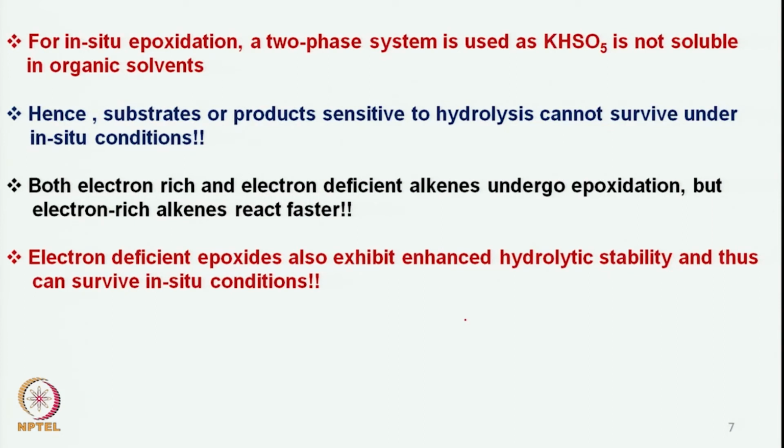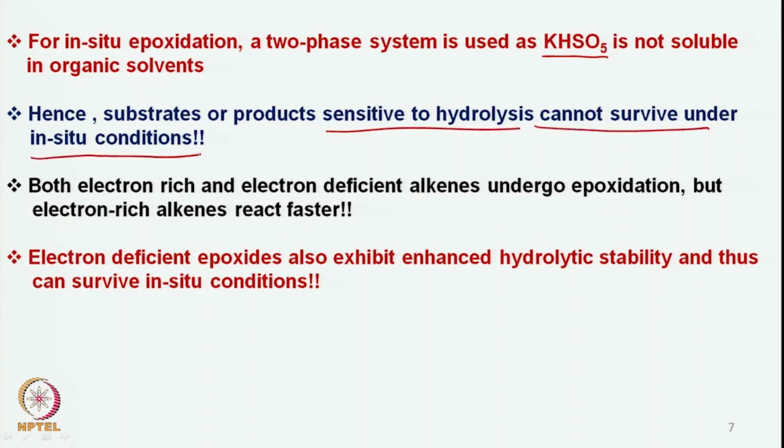For the in situ epoxidation, a two phase system is used as this potassium monoperoxysulphate is not soluble in organic solvent. So, we can use water, dichloromethane or something of that sort. Hence substrates or the products which are sensitive to hydrolysis cannot survive under these conditions.